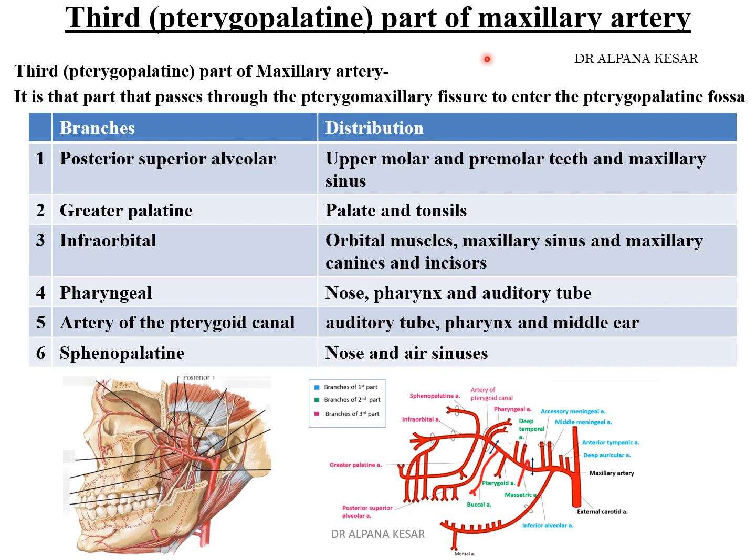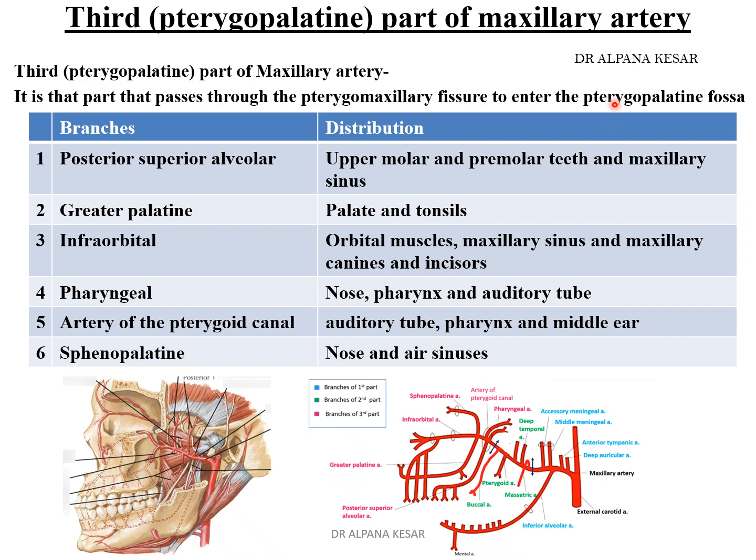Third part of maxillary artery. Third part of maxillary artery is yet another structure present in pterygopalatine fossa. Maxillary artery, which is present in the infratemporal fossa, passes through pterygomaxillary fissure into the pterygopalatine fossa.